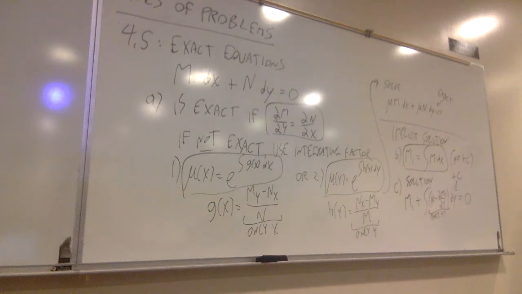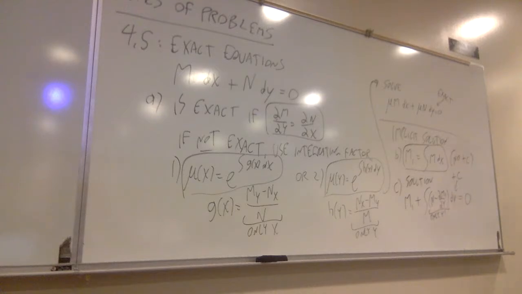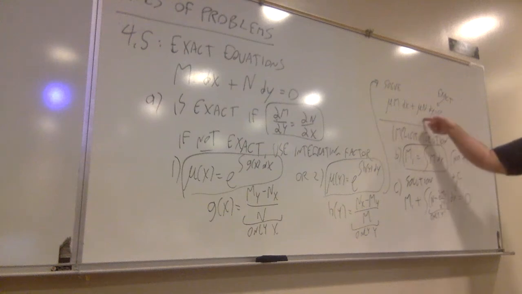Questions about this type? Yes? Could you just go over how to solve it when it's not exact? Yes. Okay. So when that is not exact, you need to multiply it by something so that it is exact.